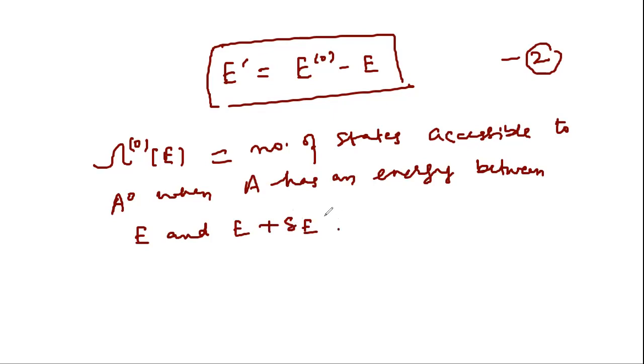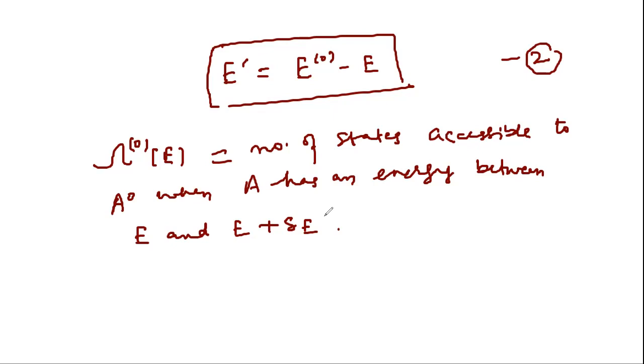Understand it? We are expressing the number of states accessible to the combined system in terms of the energy which system A can acquire, because it becomes the variable when we express E prime using equation 2.